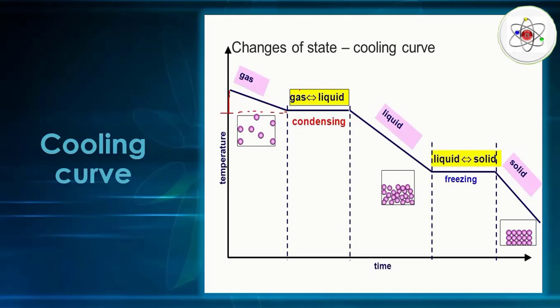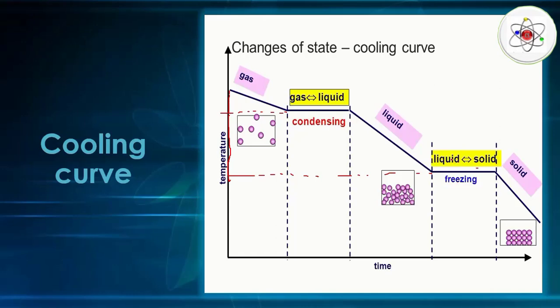Once all the gas particles are liquefied, the temperature again starts going down until a point comes where liquid starts changing into solid, and this point is called the freezing point, which is the same as the melting point. In this stage, where liquid is changing into solid, the process is called freezing.